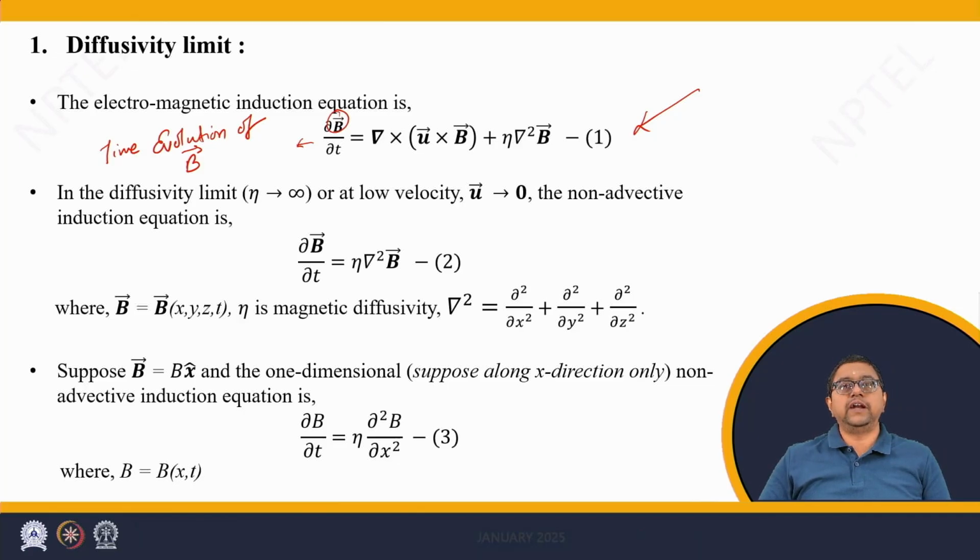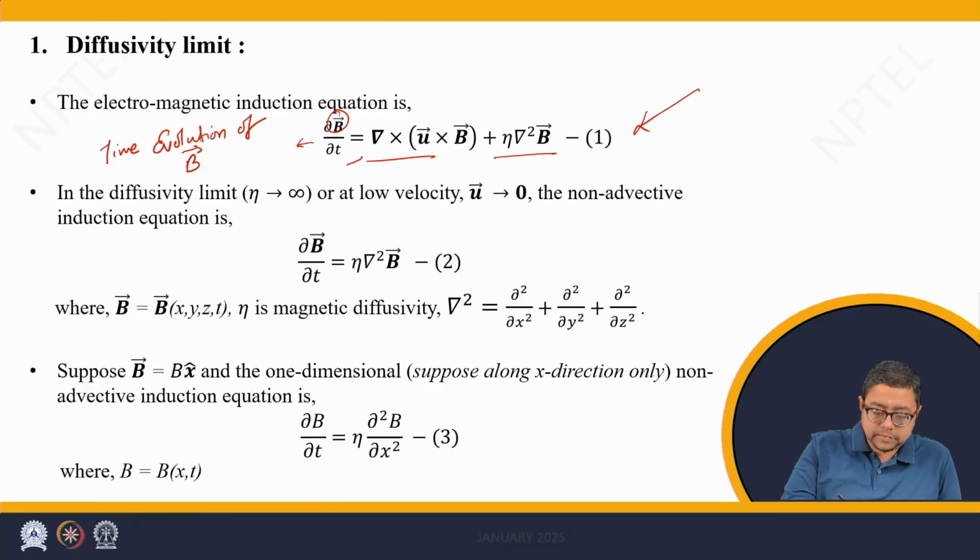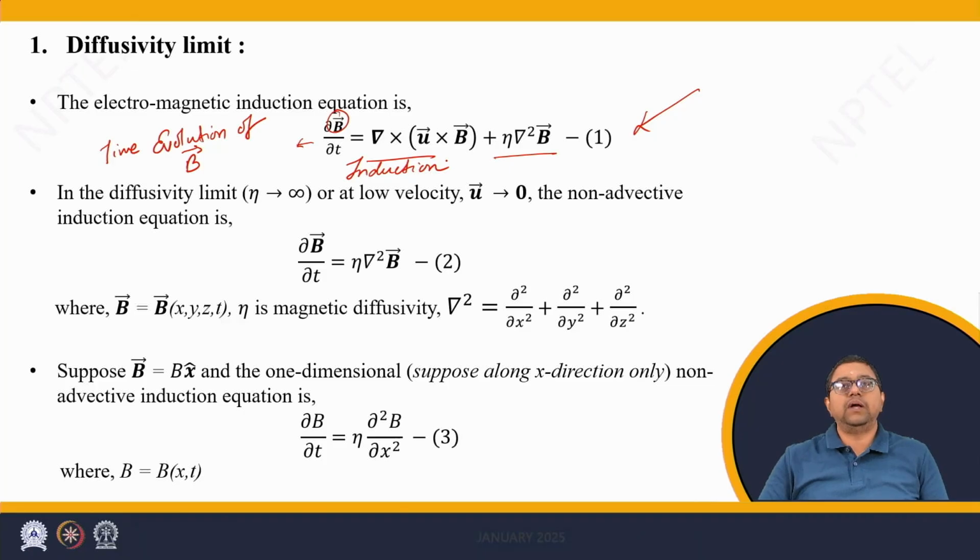Now, on the right hand side there are two terms. One is curl of U cross B plus eta Laplacian B. The curl of U cross B is dependent on the velocity u and the magnetic field vector B, and this is known as the induction term. While the second term is eta Laplacian B. Eta is magnetic diffusivity and B is the magnetic vector.